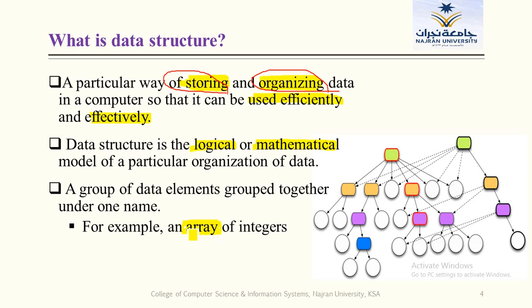Briefly we will discuss arrays in a coming lecture, but here this is a data structure. We have other data structures that we will study: linked list, graph, trees, and many more. But in a data structure we group the different elements under one name.